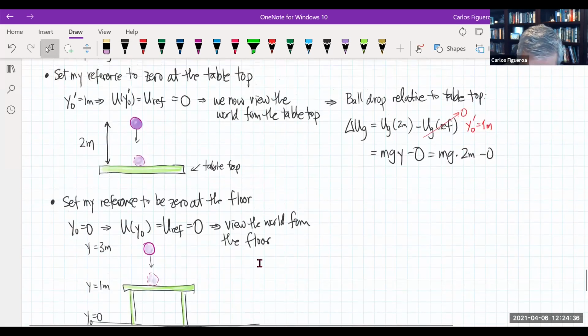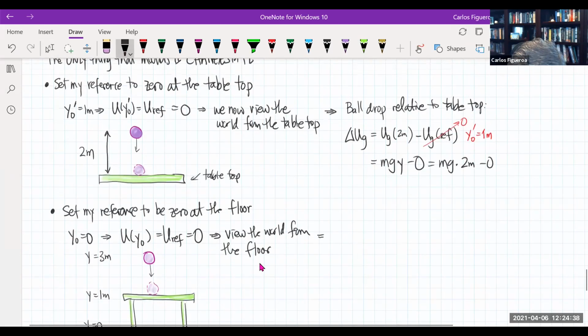Well, my reference potential is what I did here. So now if it's coming from the floor, what is my change in gravitational potential? Where did it start off? It started off at a potential that's at 3 meters off the ground, but where did it end? It ended at 1 meter.